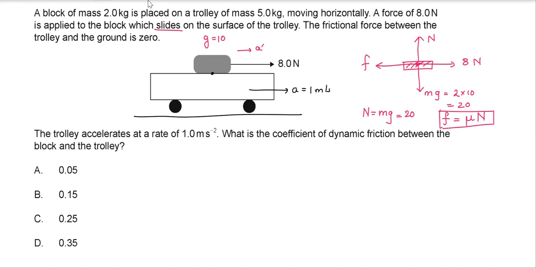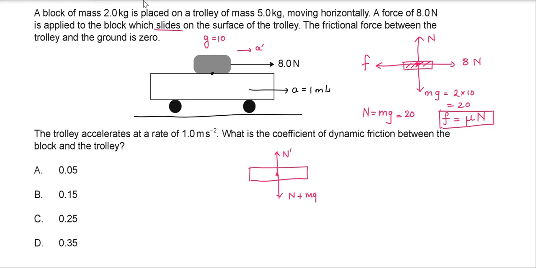Since the acceleration of the trolley is given, let me draw a free body diagram of the trolley. There will be vertical forces: a contact force from the ground, a contact force because of the block, plus the weight of the trolley.